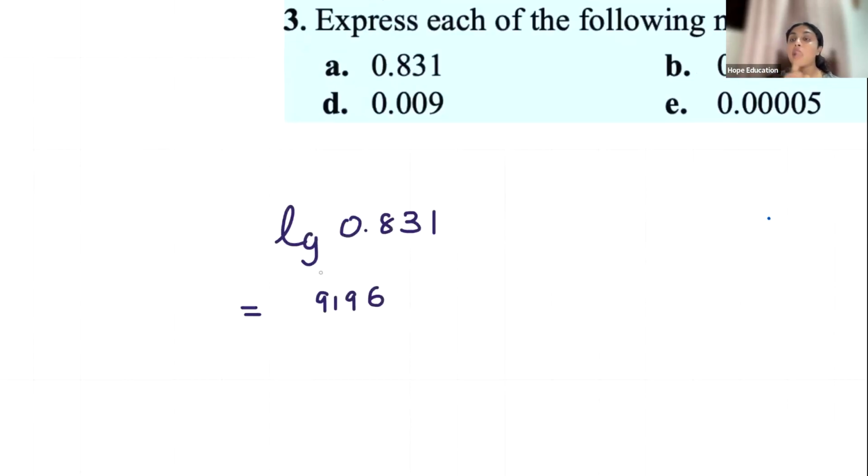So how do we get the characteristic? This is the default position of the decimal, but now the decimal place has moved to the front by 1. Then that should be -1. Usually in log, we put -1 as bar 1. So that would be bar 1.9196. Is that clear to all of you, kids? Give me a thumbs up.